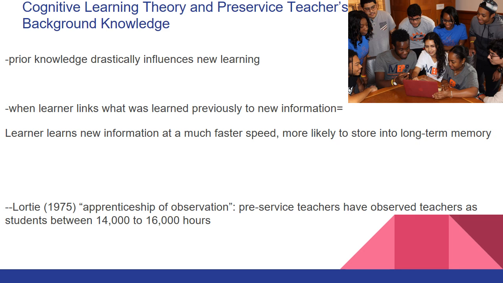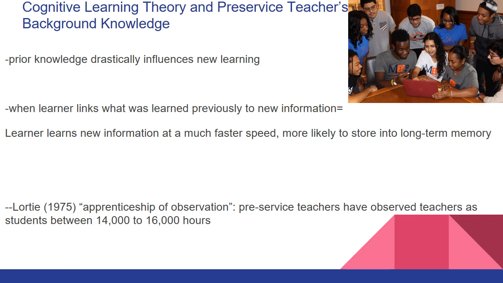And so the prior knowledge that pre-service teachers and teachers have comes from a variety of sources. One of the sources is what Lortie describes as an apprenticeship of observation. If you think about it, most pre-service teachers and basically every practicing teacher probably had some form of formal educational experience.